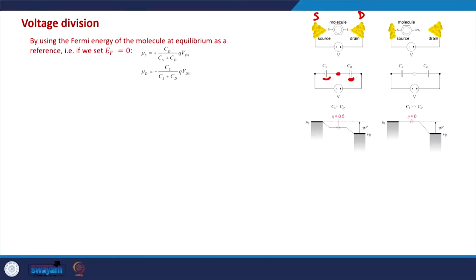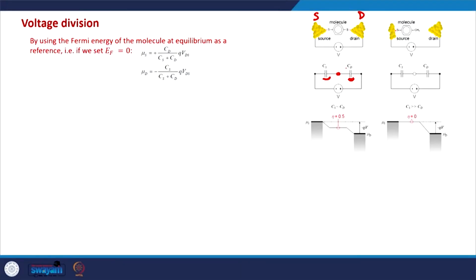So for example, if the source and the drain contacts are symmetric, they are exactly the same, and the distance between the source and the drain contacts and the molecule is the same, in that case Cs is equal to Cd.